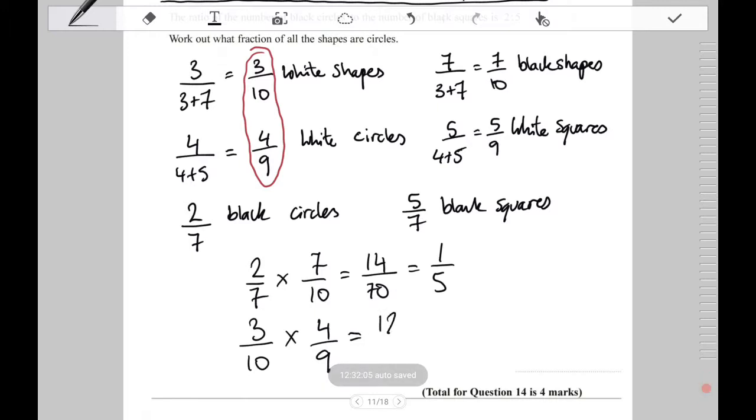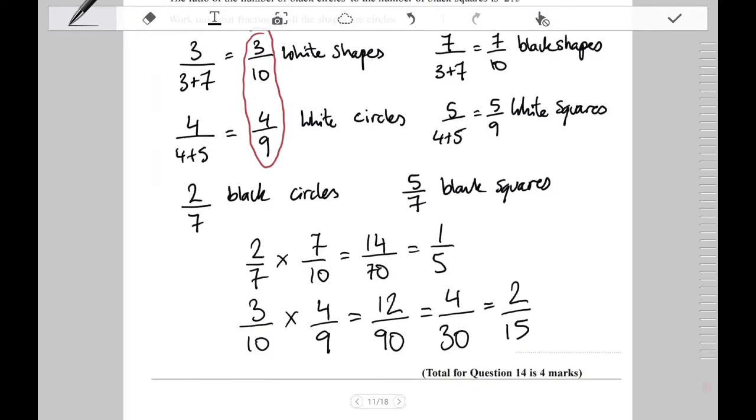That becomes 12 over 90. And if you simplify that, you can divide both by 3. You get 4 over 30. Sorry, that should be 4. If you simplify that further, divide both by 2, you get 2 over 15.